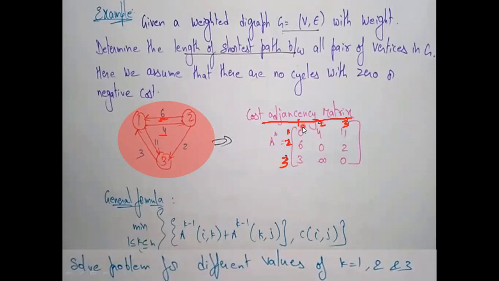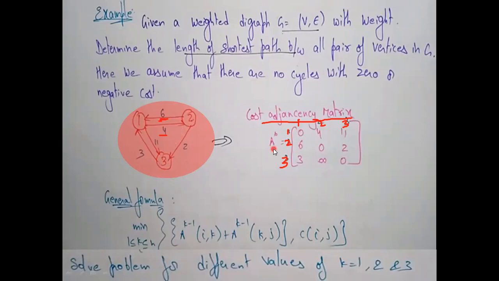Next 3 to 1, the cost is 3. 3 to 2: there is no direct edge. It is 2 to 3, but we want 3 to 2, so no direct edge. If there is no direct edge weight assigned, then it is infinity. Please remember this. Next 3 to 3, no self loop, it is 0. So this is the cost adjacency matrix.